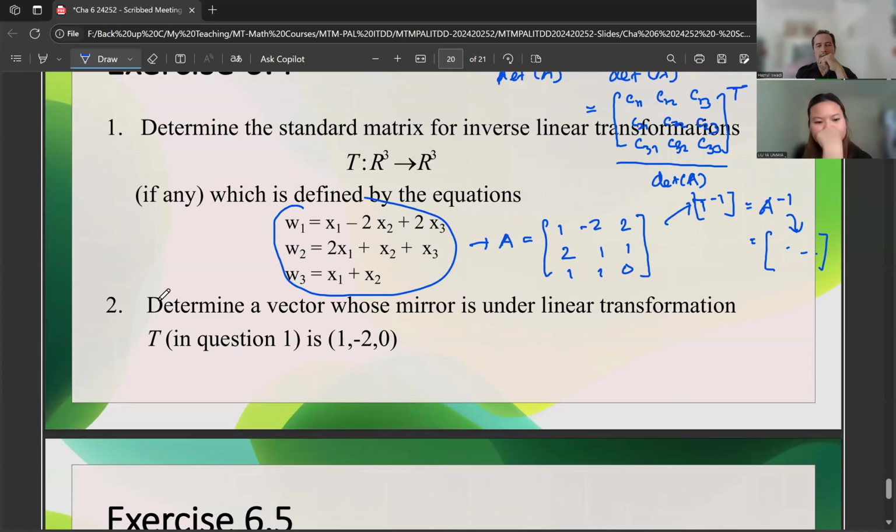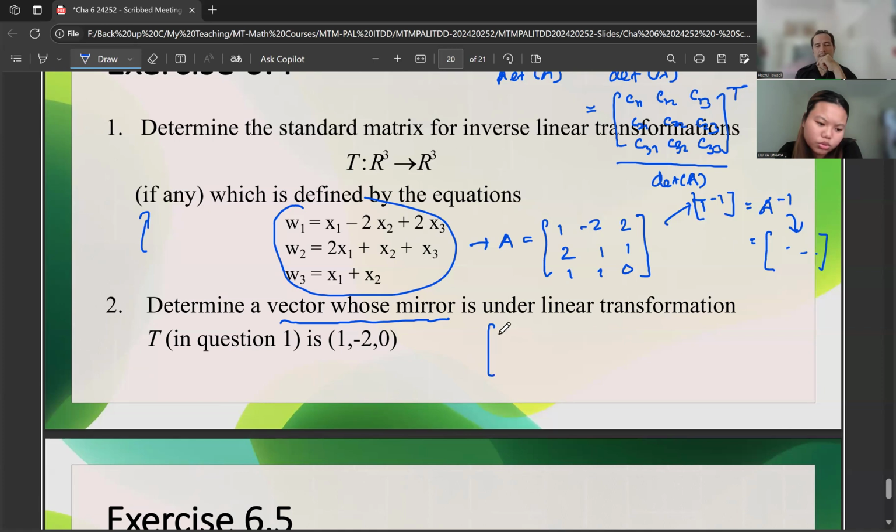Okay, now we want to determine vectors whose mirror under linear transformation in this equation is 1, 0, minus 2, and 0. Actually, jadi soal nomor 2 ini sebenarnya kita mencari inverse ya, karena posisi pertanyaannya seperti ini.